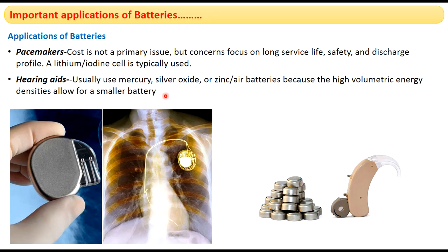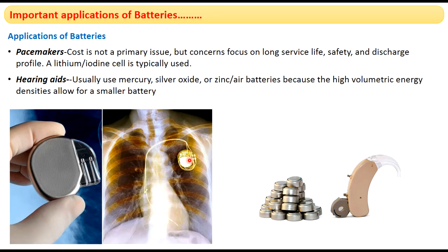Next, an important application of batteries: pacemakers. You can see in the picture the X-ray. You can see a device here which is inserted on the left side. That is the pacemaker. For people suffering from heart problems, to ensure the flow of blood, a pacemaker will be inserted in the body adjacent to the heart.